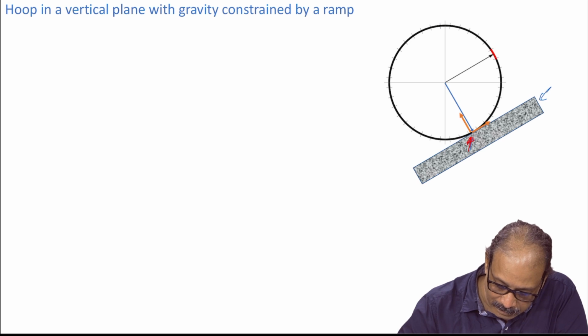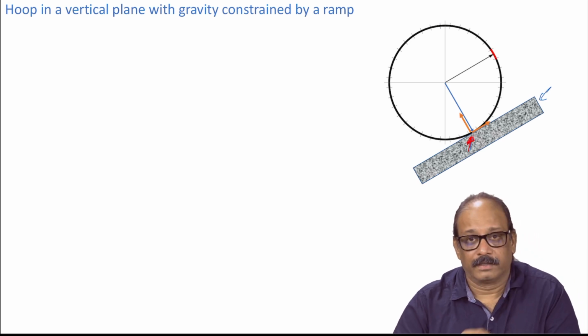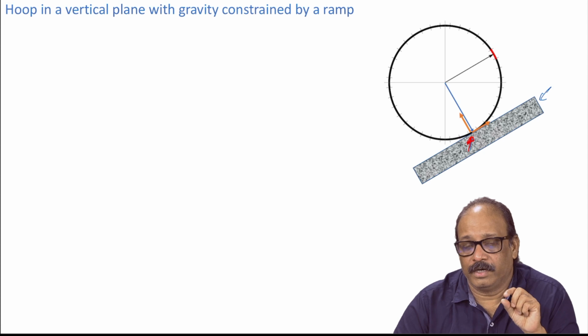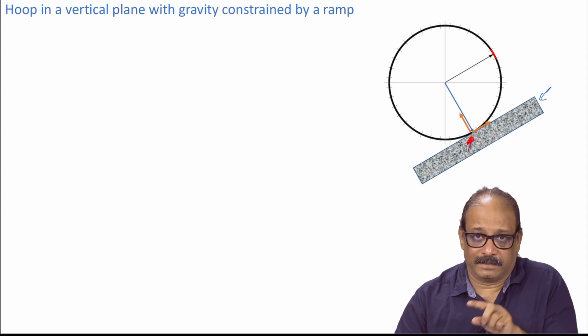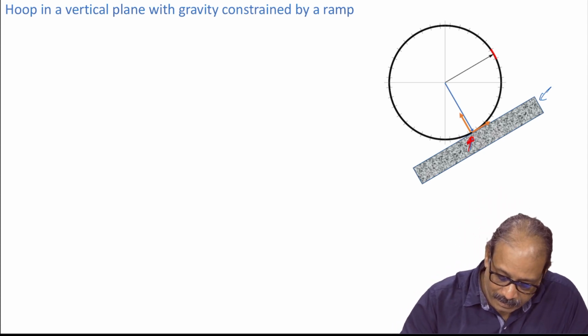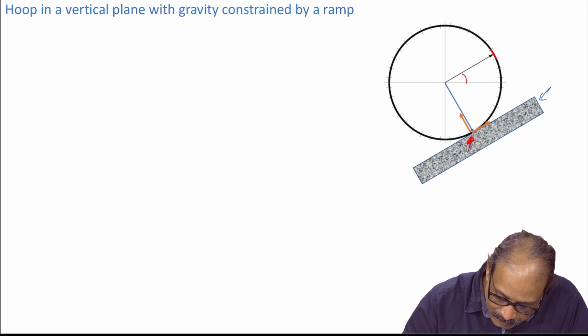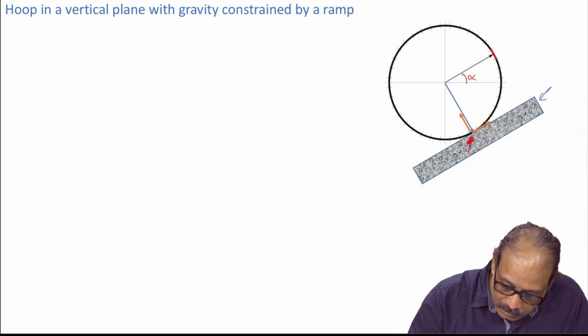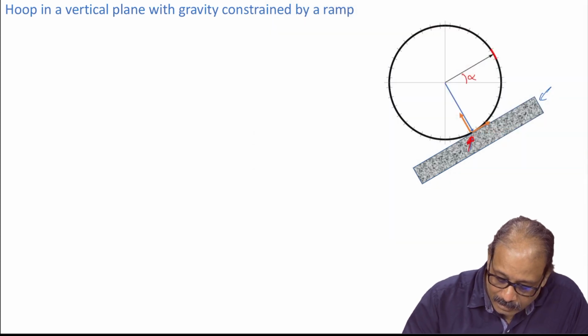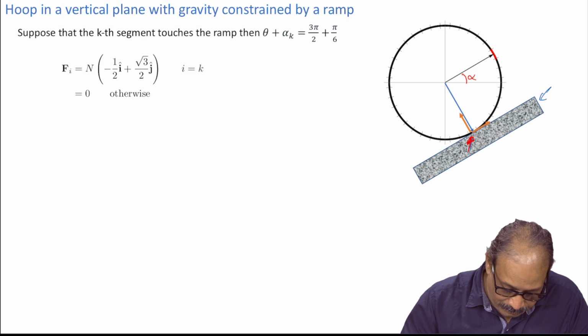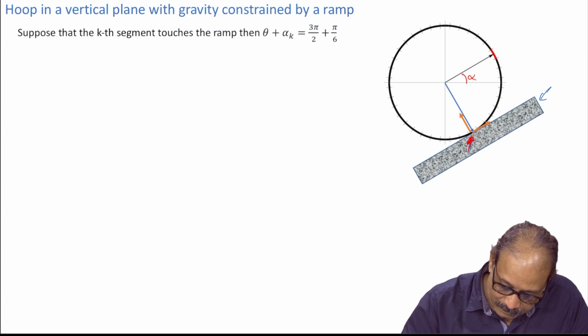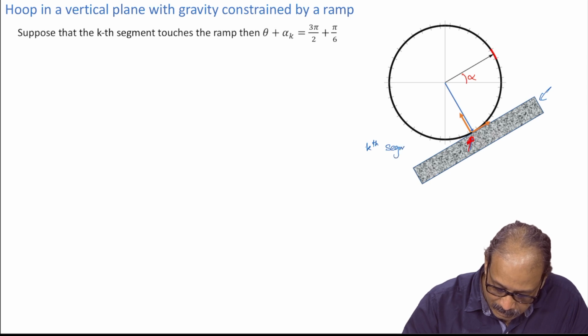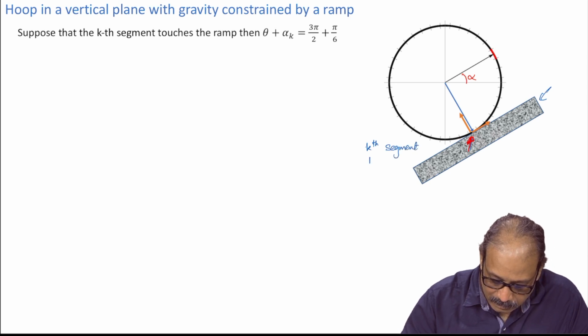So, they are actually acting on only one segment out of all the n segments there. And which segment would that be? Remember, this angle is alpha, and this segment I will call the kth segment. Okay. So, the kth segment is touching the ramp.